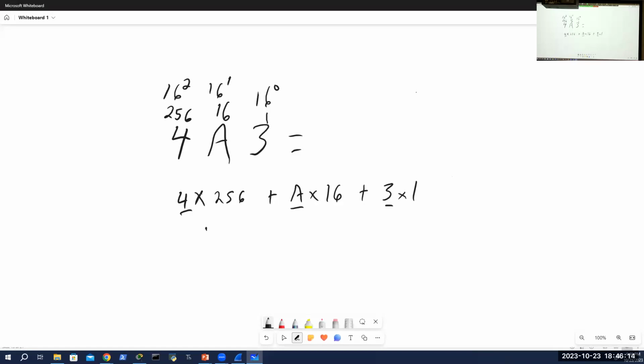So 4 times 256 is 1,024. A, which is 10, times 16 is 160. And 3 times 1. So add those three together, you get what? 1,187, is that right? So 1,187.